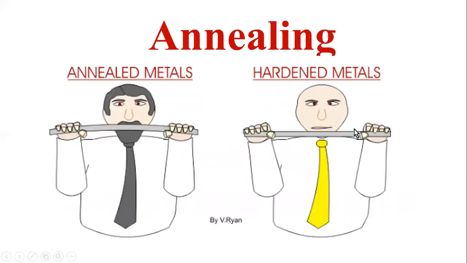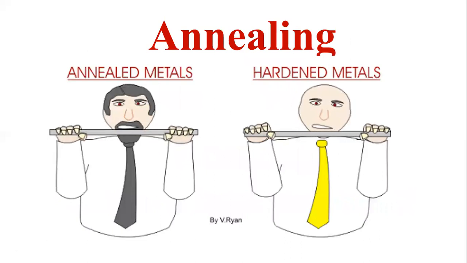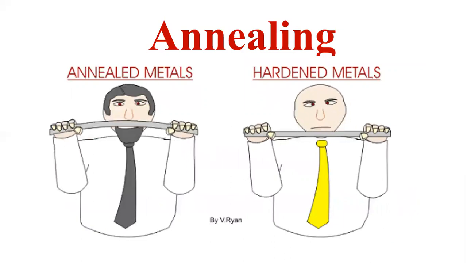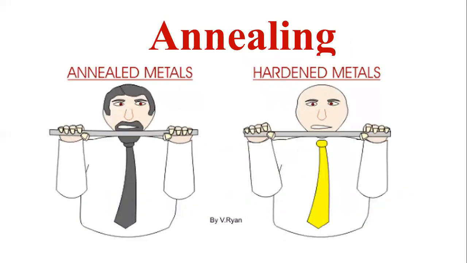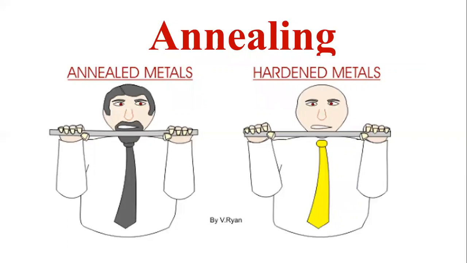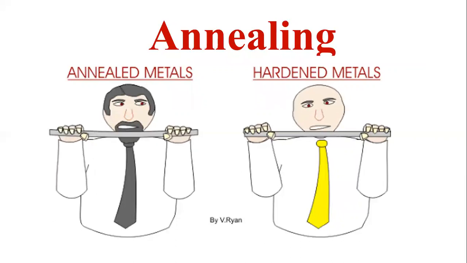So the first one, annealing. As we said before, annealing is the opposite of hardening. So annealed metals can be bent and are ductile, okay? Most of the non-ferrous metals can be annealed. The annealing process consists of heating the metal to a specific temperature, soaking the metal, and cooling to room temperature.